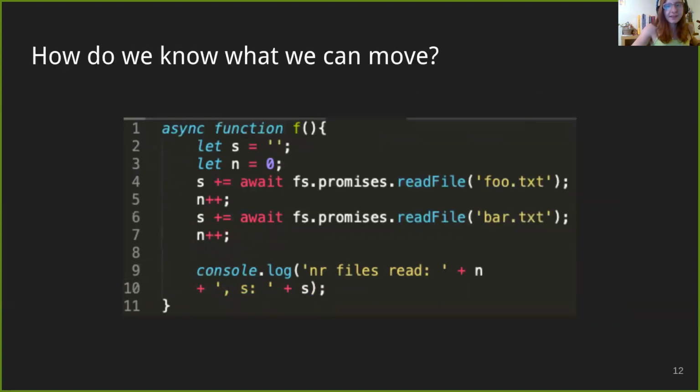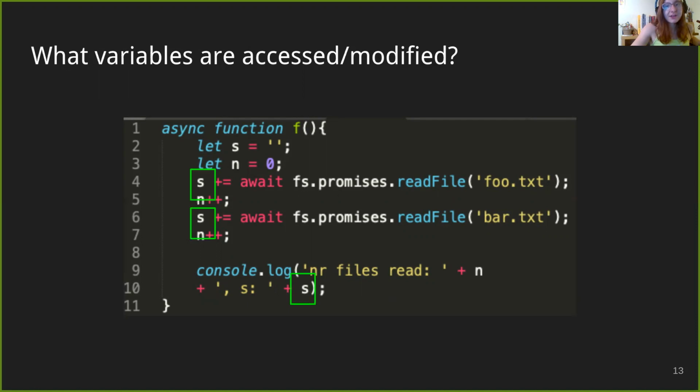Now, as you may have guessed, it's not as simple as saying, all right, take all the promises and move them as early as possible, take all the awaits and move them as late as possible. We need to figure out how we know what we can move. There are a few things involved here. We have to keep track of the variables that are accessed and modified. You'll notice in our refactored program that we didn't move the awaits after the console.log.